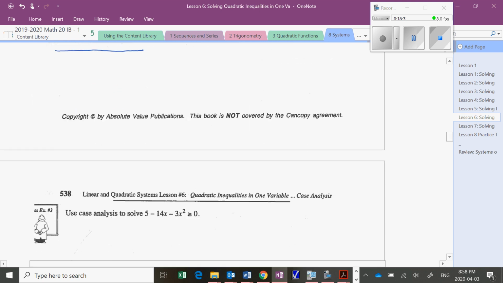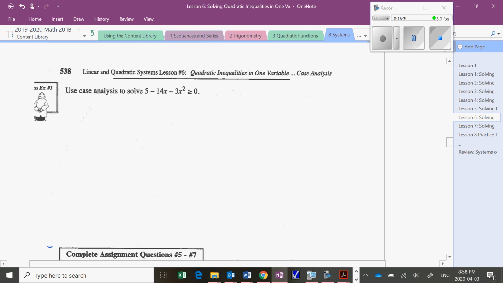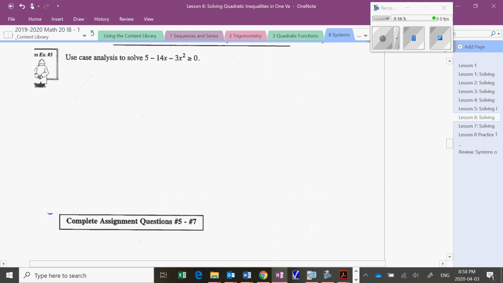Okay, so let's take a look at the last class example number 3. The very first thing that we want to do is to go ahead and factor 5 minus 4x minus 3x squared. In this particular case, we've got 5 and 1 and negative 3x.